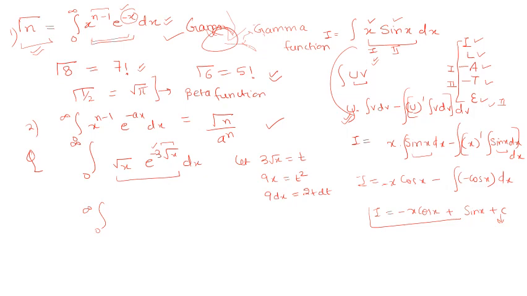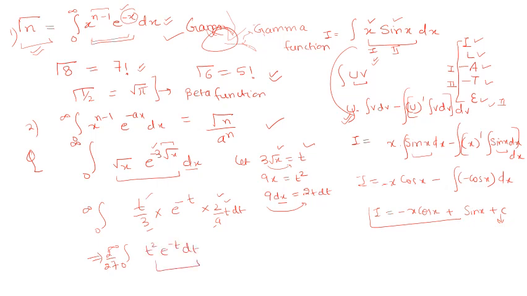If you see root x, so root x would be t by 3, right? Then e raised to power minus 3 root x is t. Then dx is 2 by 9 t dt, right? This implies you can take these common terms out. 2 by 9 times 1 by 3 is 2 by 27 out. What is left? t and t, t square e raised to power minus t dt, right?